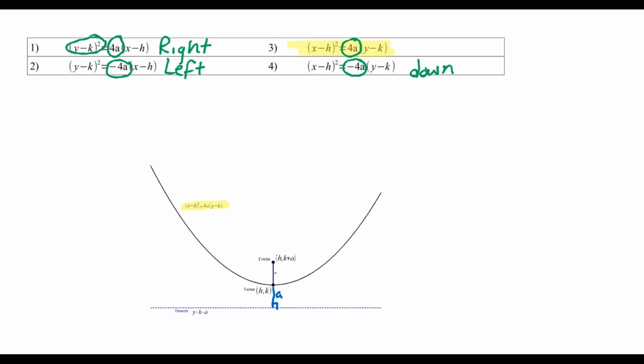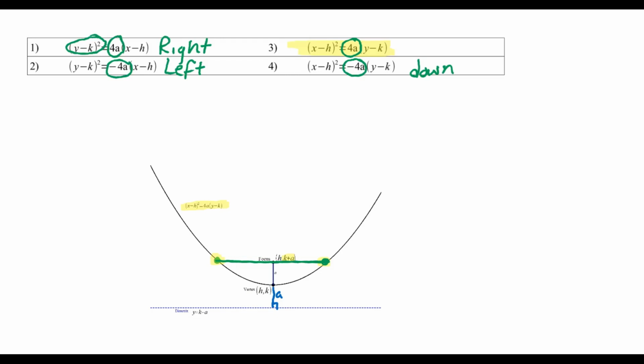One more thing I want to point out to you is that we also have something called the latus rectum. And the latus rectum will be points that are in line with the focus. These are points that are on the parabola, and they create this line segment going through the focus. So because they go through the focus, they're going to share some of the coordinates from the focus. In this particular example, the y-coordinate of the focus will be the same as the y-coordinate on these 2 points.